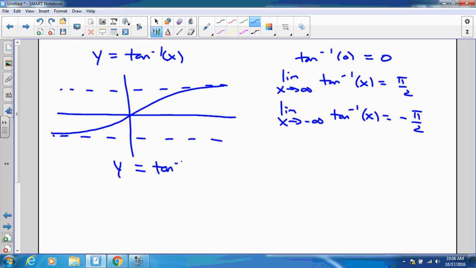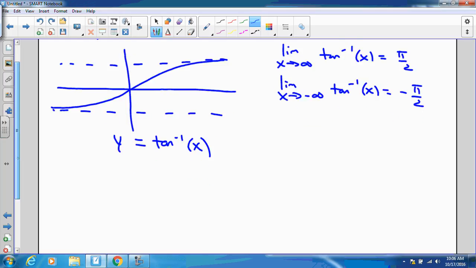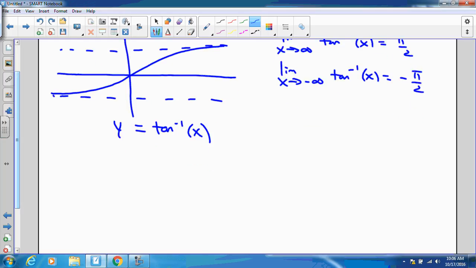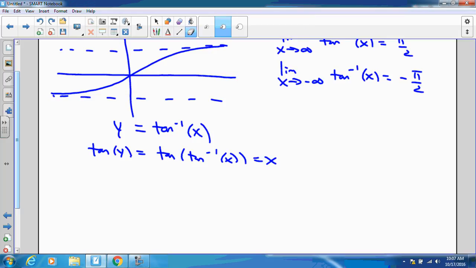For our derivative, we're going to employ much the same strategy that Delina and Elliott used. We're going to invert both sides. And when we do, we can now take a derivative with respect to x on both sides.